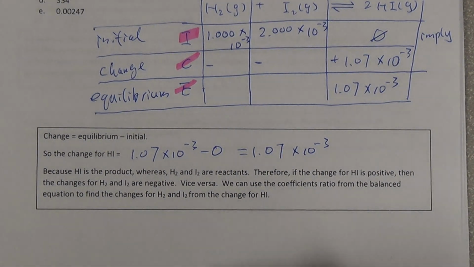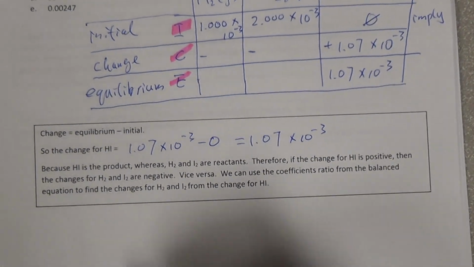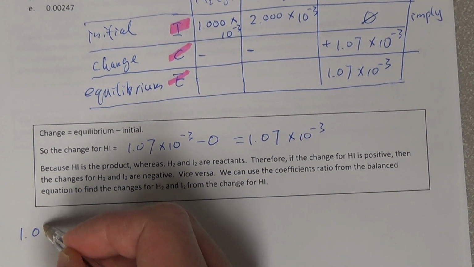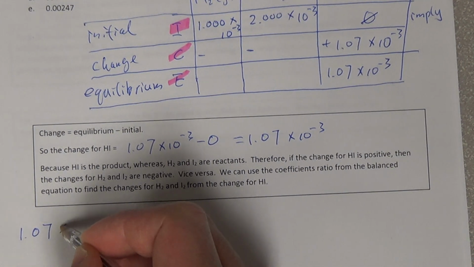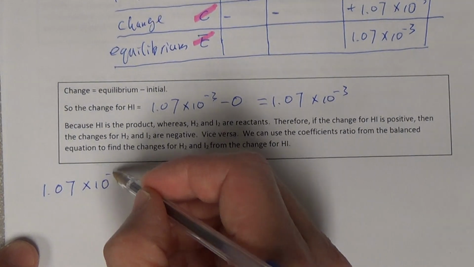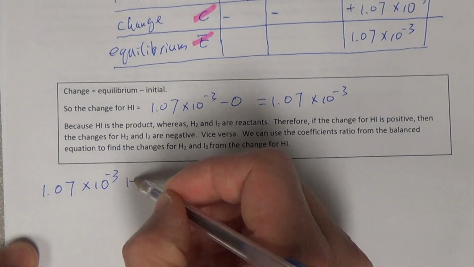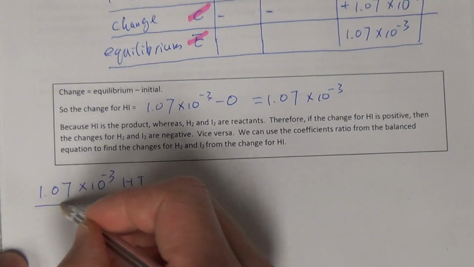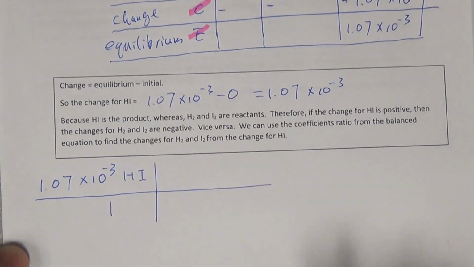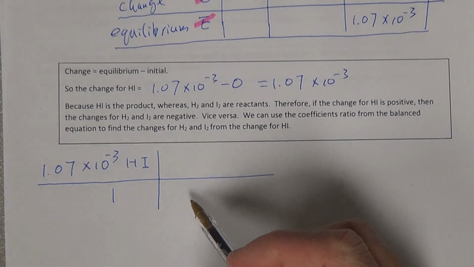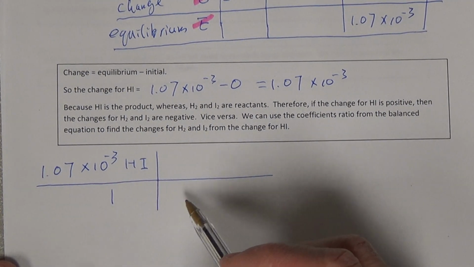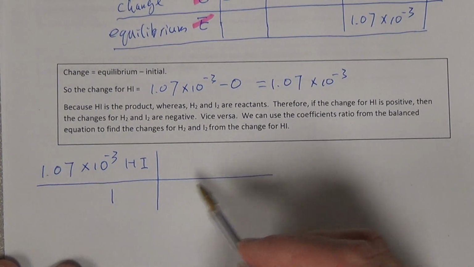Let's see, the change for HI we will use as the starting point. So this much change for HI. As what we did, we want to use the coefficient ratio as a conversion fraction to convert this number for HI into the number for H2 and I2.